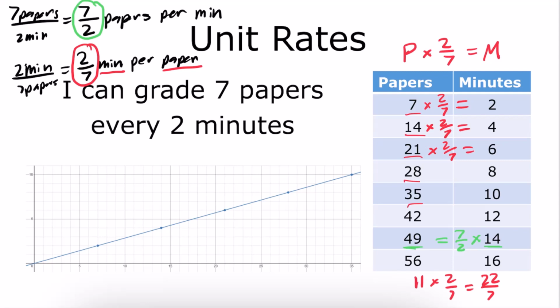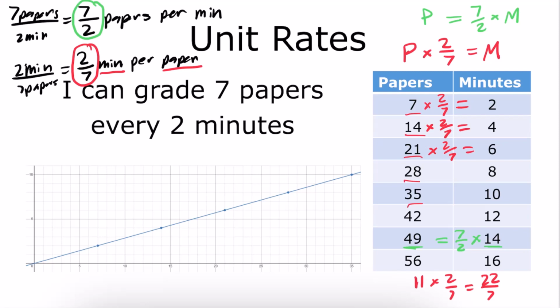And so that equation would say that if I do the number of minutes and I multiply by 7/2, that tells me how many papers I can grade in that amount of time. So both of these equations represent the same proportional relationship. They just are describing it in different ways.